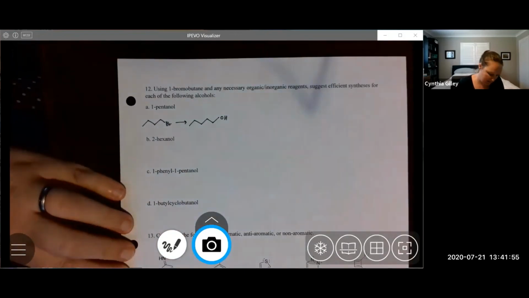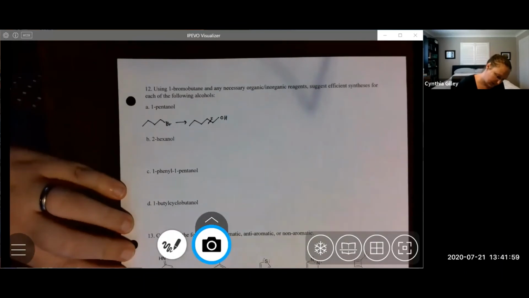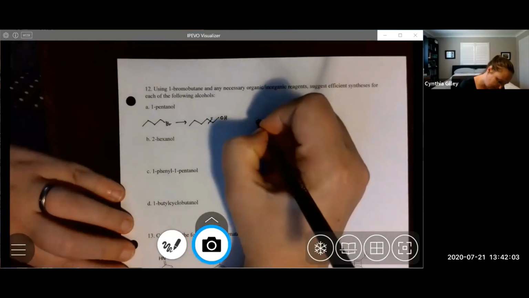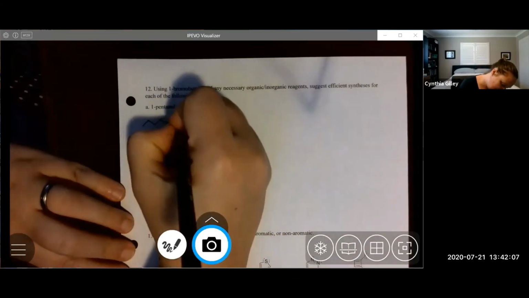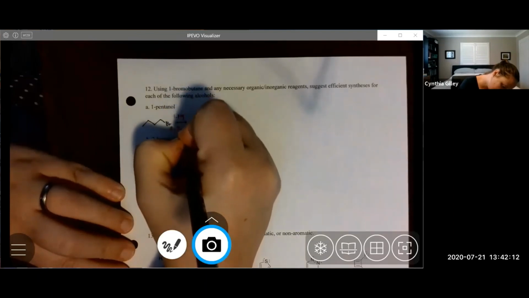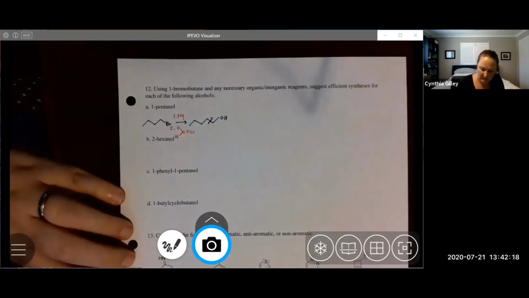Okay, so it looks like we need to make a new carbon-carbon bond here. So perhaps we can use a Grignard reaction, right? And the reagents could be magnesium and formaldehyde, and an acidic workup. Okay, that would work.